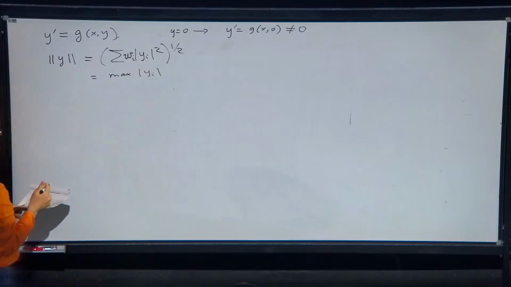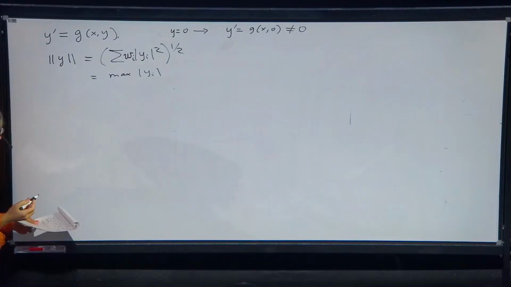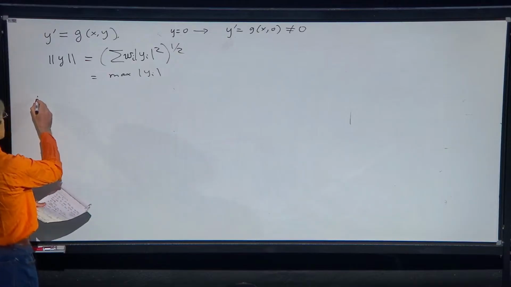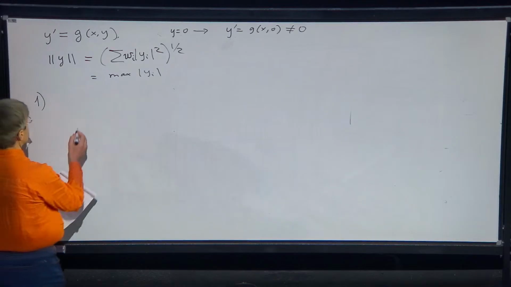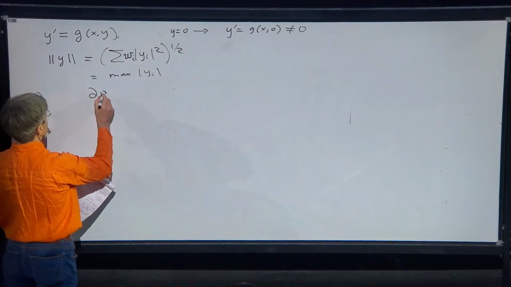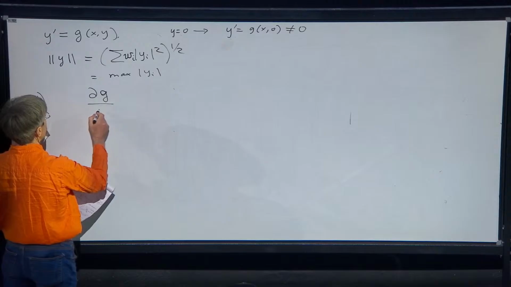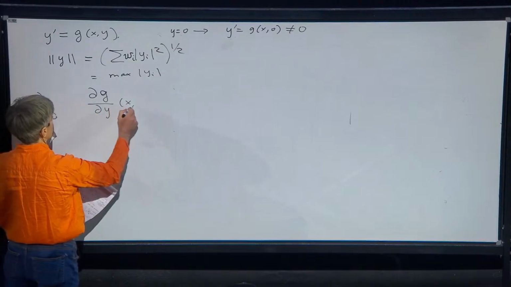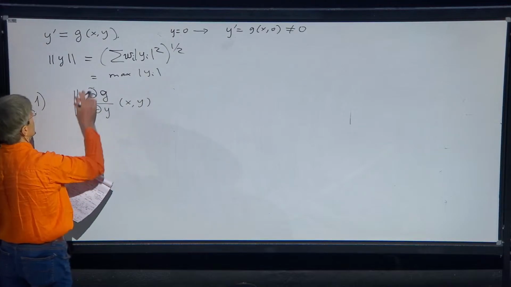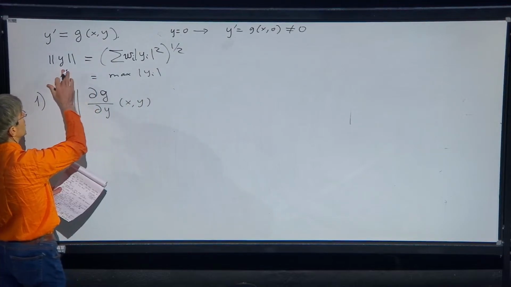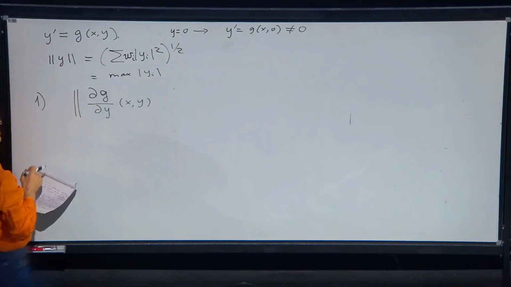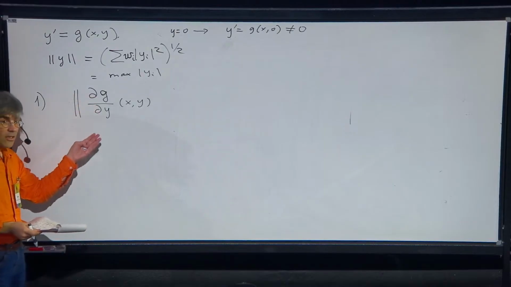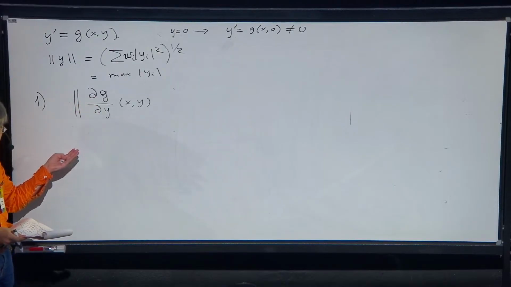And then two key assumptions have to be satisfied with this norm. They may not be satisfied with an arbitrary norm, but hopefully there is a norm for which they are satisfied. So the first assumption is that if you compute the gradient of this function g with respect to y, where y lives in some space endowed with this norm, so the function g acts from this space to itself, the gradient is a linear operator acting from a space to space.